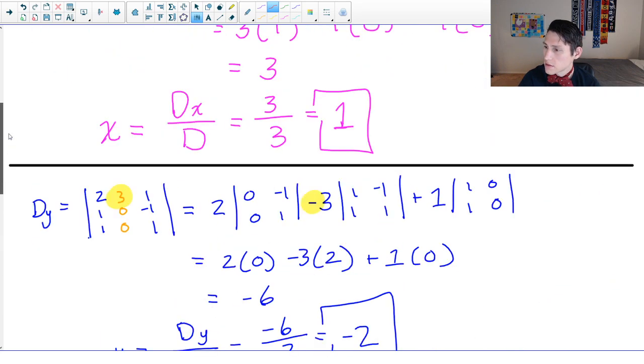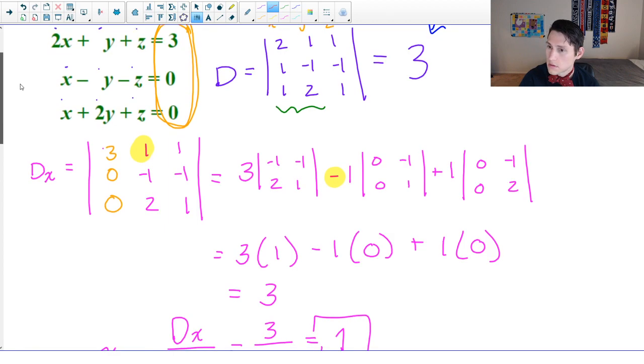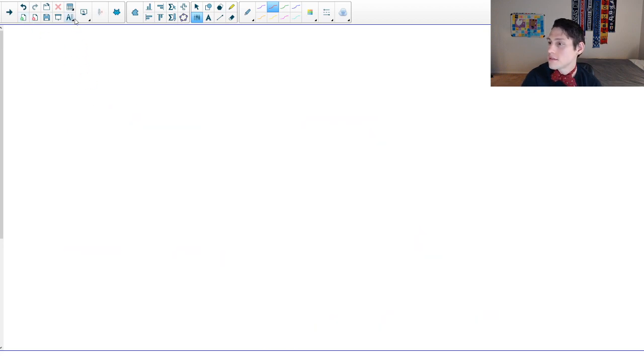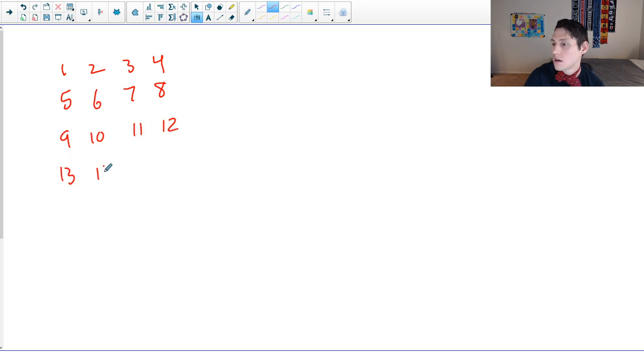All right, but there's that. So let's do one smaller example. Can you do this with larger matrices? Yes. But here, let me show you what it does. Okay, so let's say I have a 4 by 4 determinant, right?